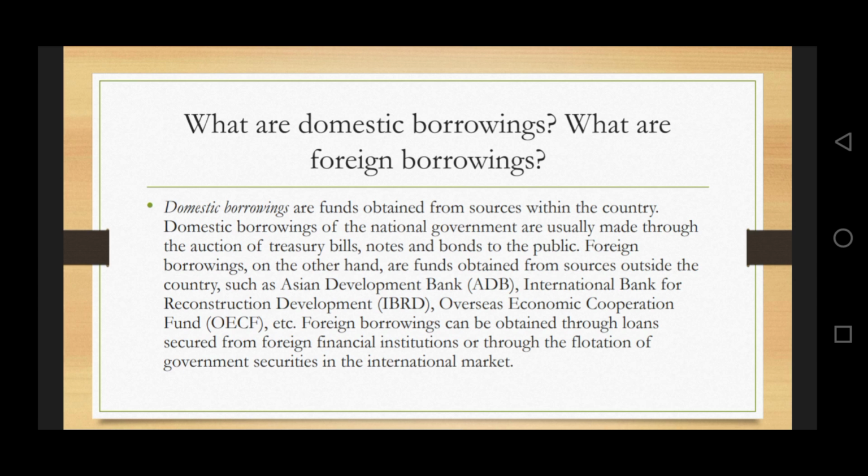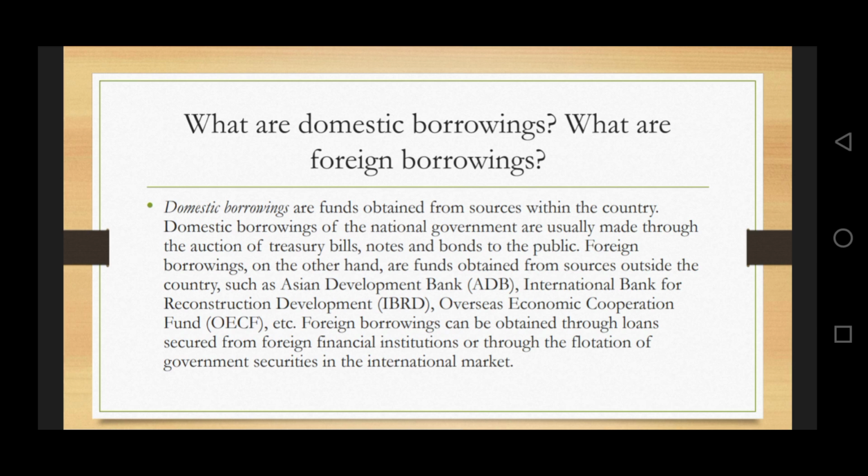Foreign borrowings, on the other hand, are funds obtained from foreign sources outside the country, such as the Asian Development Bank or ADB, International Bank for Reconstruction and Development or IBRD, Overseas Economic Cooperation Fund or OECF, and many more.